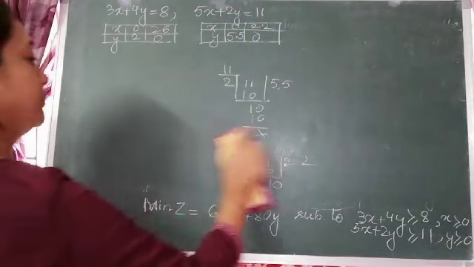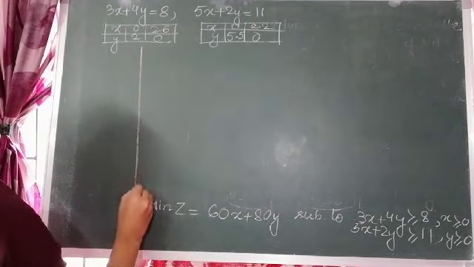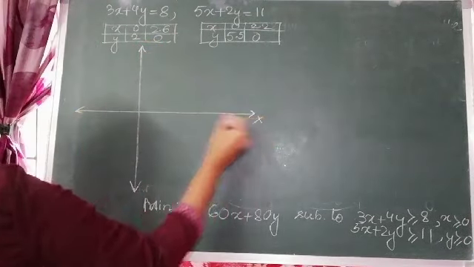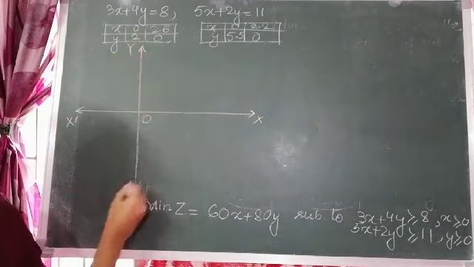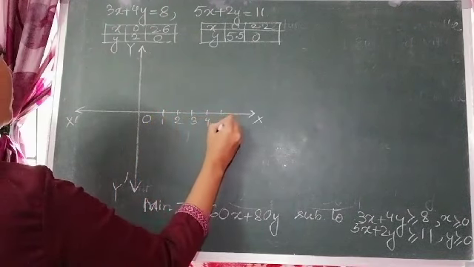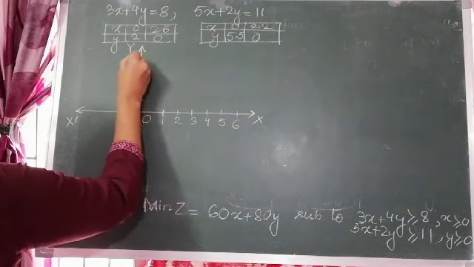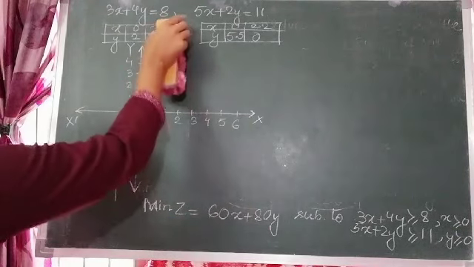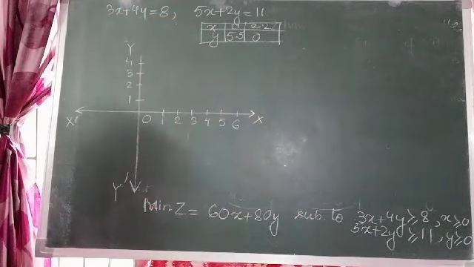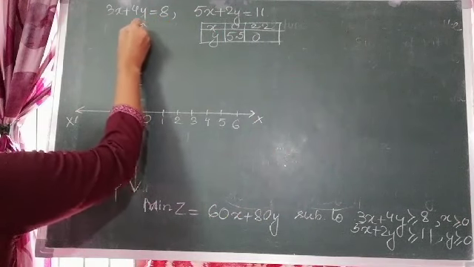So plot the points now. X O X dash, Y O Y dash. 1, 2, 3, 4, 5, 6. 1, 2, 3, 4, 5, 6.